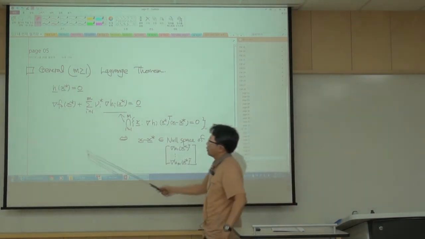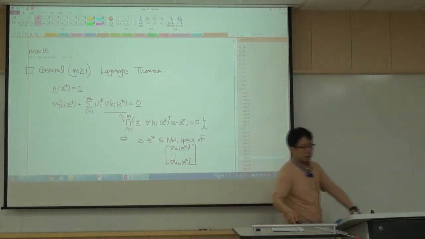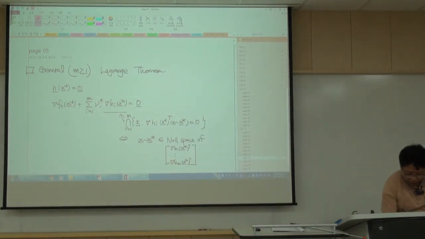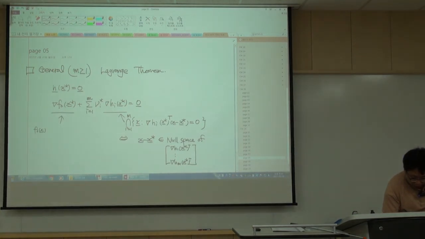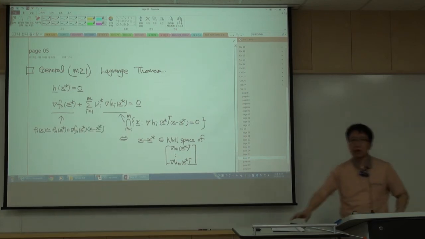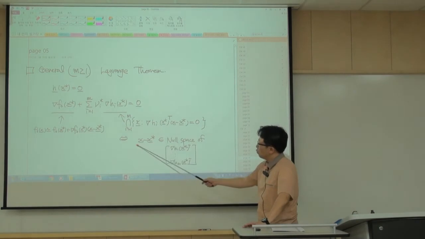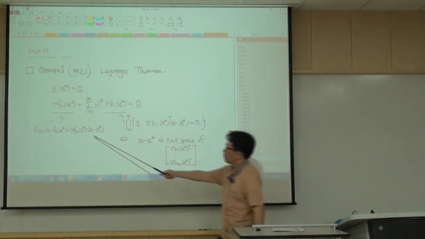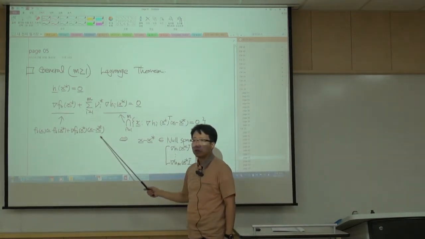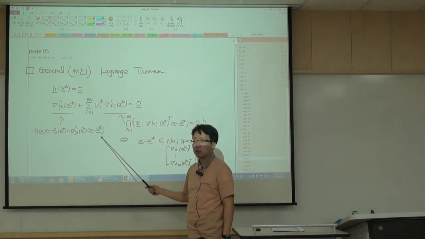And what must happen? As you remember, f0 is from the approximation of the objective function around x star. Now what do we want? When we move in this space, this value must be close to 0. Then when can we do that?